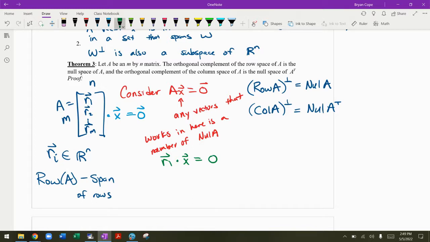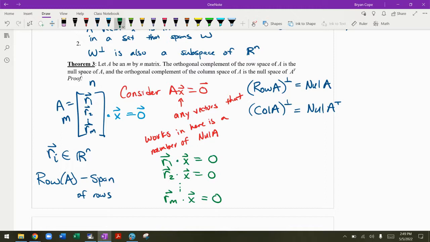Remember, the 0 vector is just a bunch of real zeros. So R1 dot x is 0, and R2 dot x is 0, all the way down to Rm dot x equals 0. And look what we have. The set of rows are the very thing that are orthogonal to those x's that work as the null space.